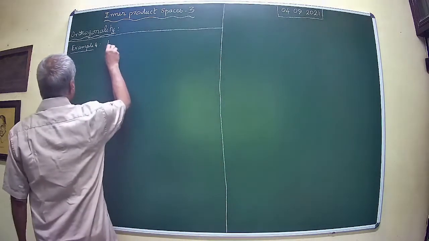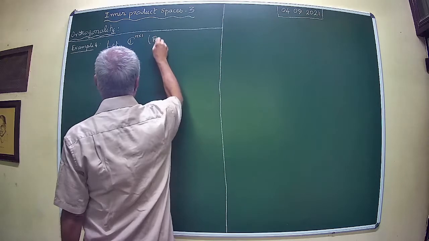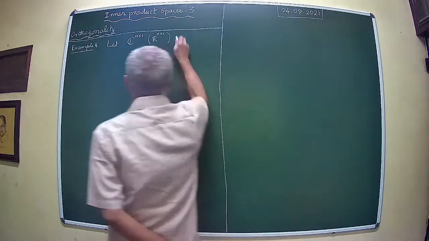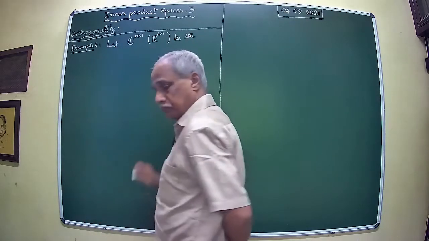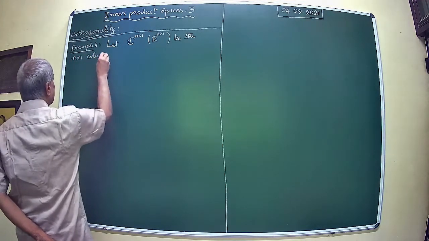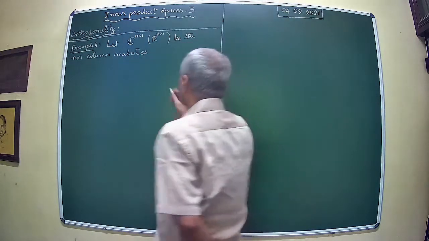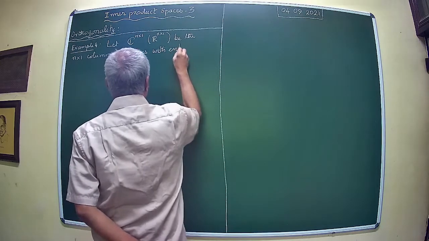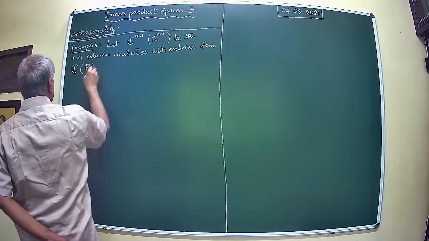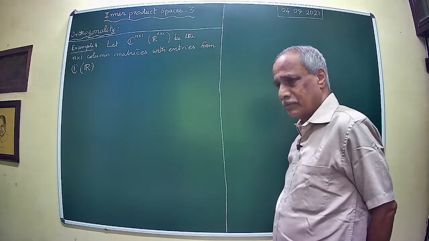Let it be, depending on what field you are using, the n cross 1 column matrices with entries from C or R, depending on whether you are working in C n cross 1 or R n cross 1.